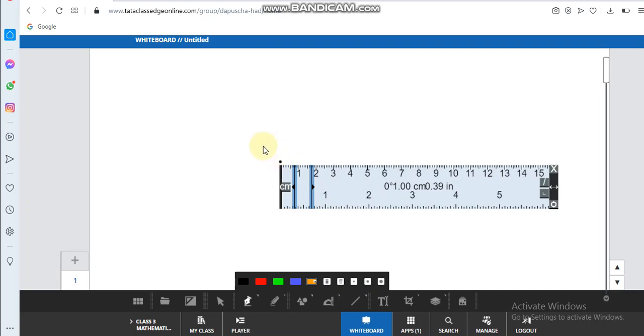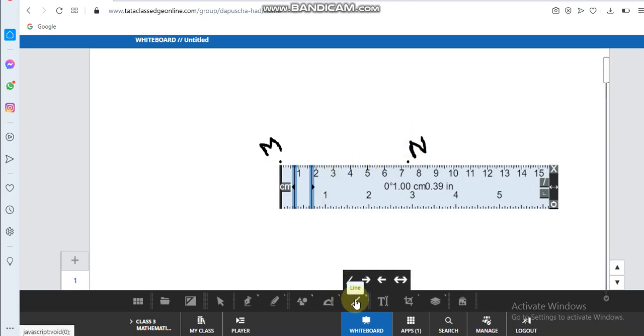Now this time the name is already being given. So write this name M. Okay. And then N 7.3. So 7, then 1, 2 and 3. So mark the second point here and give the name N. Okay. Now join these two dots.